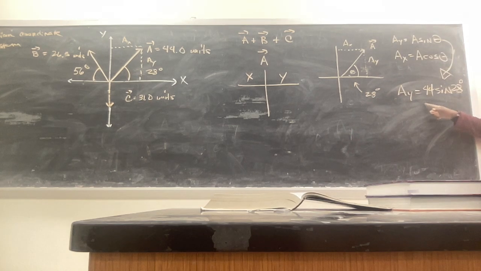So here, I just substituted 44 for A and 28 for theta. And whatever that result is gives me my y component of vector A. That's it.